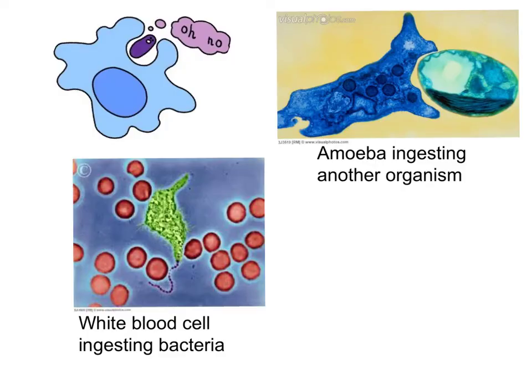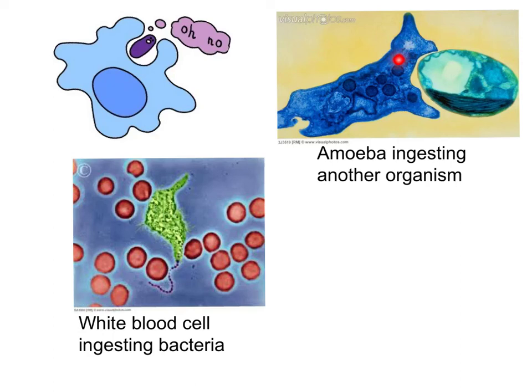So here we have some real examples. These are photos taken with transmission electron microscopes. Here we have an amoeba in the upper right in blue, and it's engulfing another organism. You can see the pseudopods.